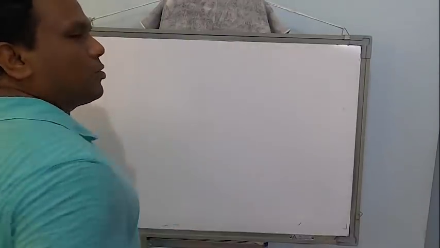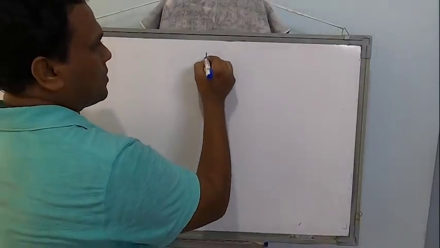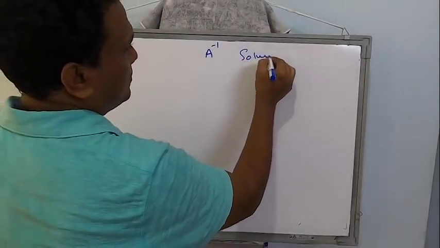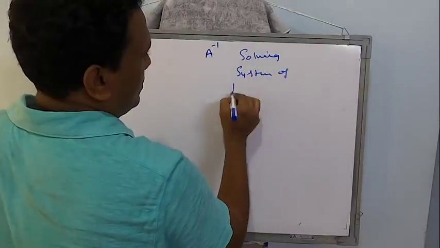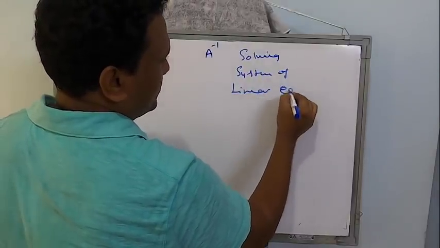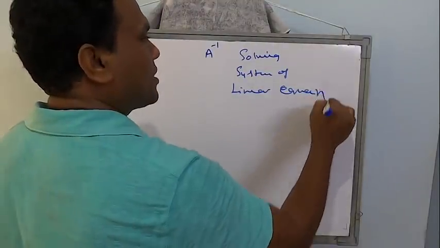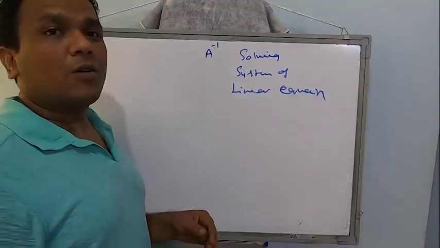And where it's going to be exactly used, that's another question. It is used in finding the inverse of a matrix, and in solving systems of linear equations. Its main applications are finding the inverse of a matrix, and it will help us in solving systems of linear equations.